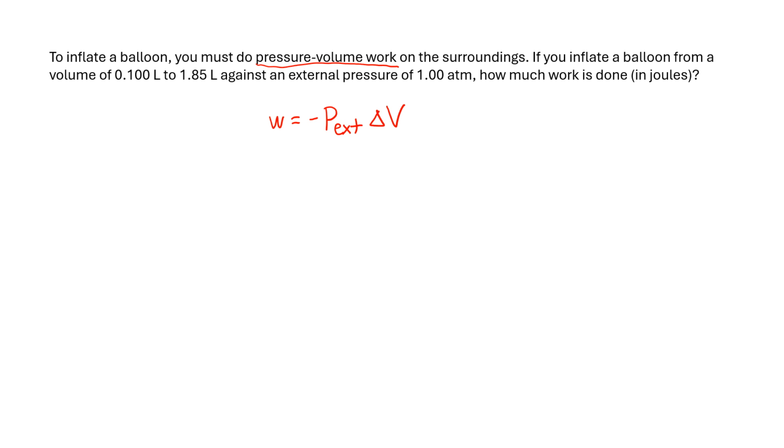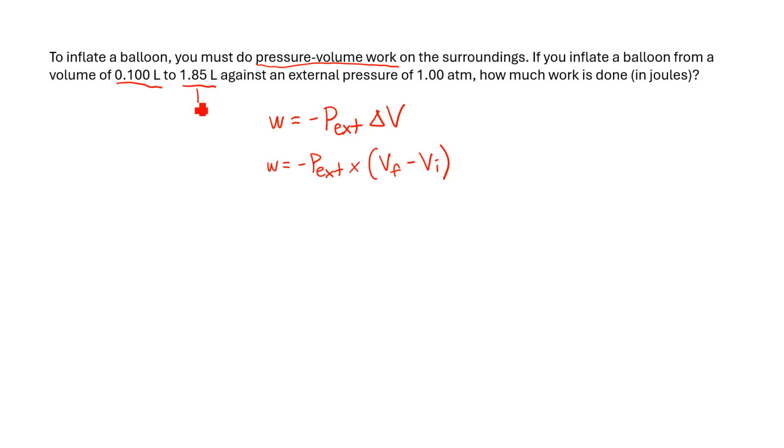And remember that change in volume is V final minus V initial. And they told you what that was. They told you that you started with a volume of 0.100 and you went to 1.85.